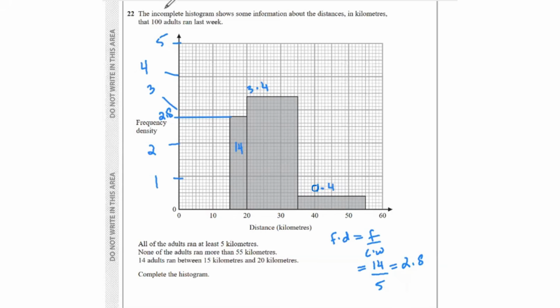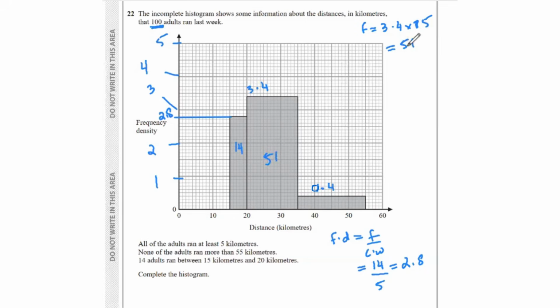So they told us that there were 100 adults. So we find the frequency values for these two bars and subtract that from 100. You can find the frequency for the initial bar. So for this one, your frequency is going to be 3.4 times 15, which is going to give us 51.